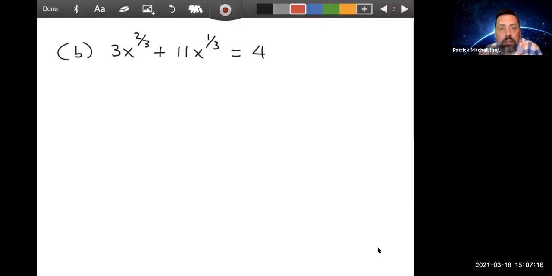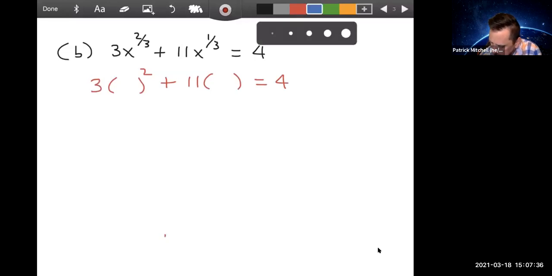All right, so 3x to the 2/3 plus 11x to the 1/3 equals 4. So first step, I'm going to rewrite this as, well, no, I guess we could do this now: 3 blank squared plus 11 blank equals 4. This blank we can fill in with x to the 1/3, right?